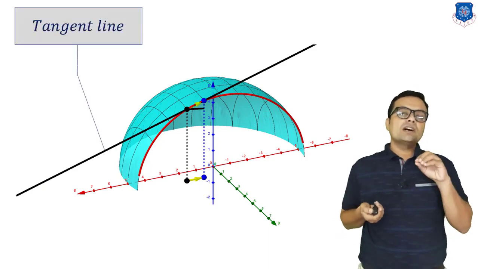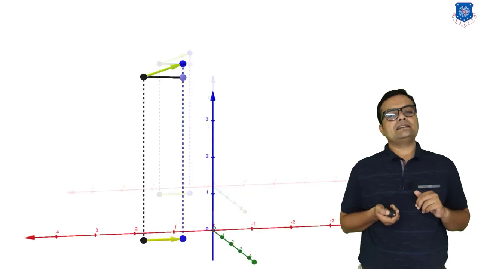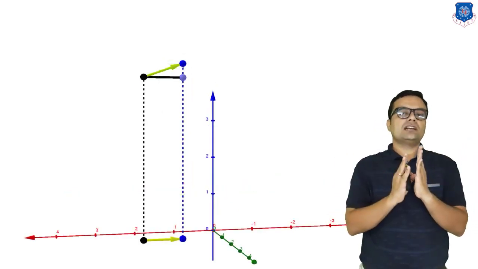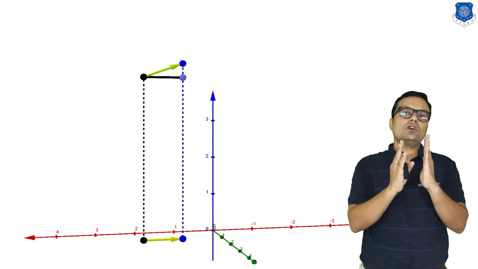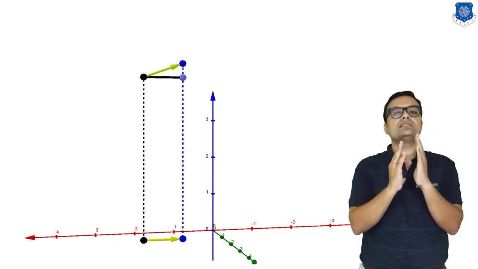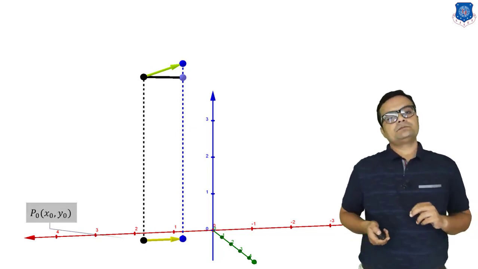And to define the value of directional derivative, our whole idea is to reduce the value of arc length parameter s. So if I move from blue point to black point, the value of arc length parameter s will reduce. So ultimately I want to define this derivative with the help of a limit.